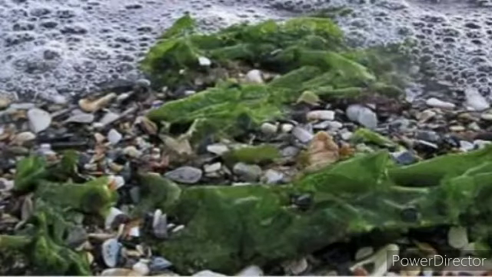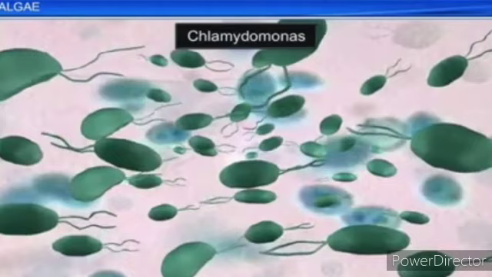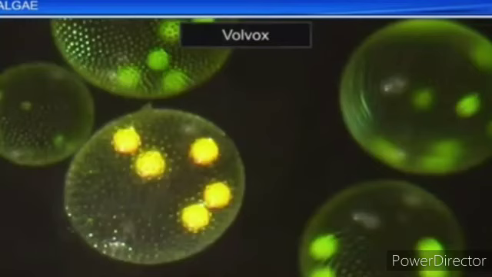The form and size of algae is highly variable. The size ranges from the microscopic, very small, unicellular, single cells. One example is Chlamydomonas, a microscopic unicellular alga. Colonial form, they are present in a colony-like structure.